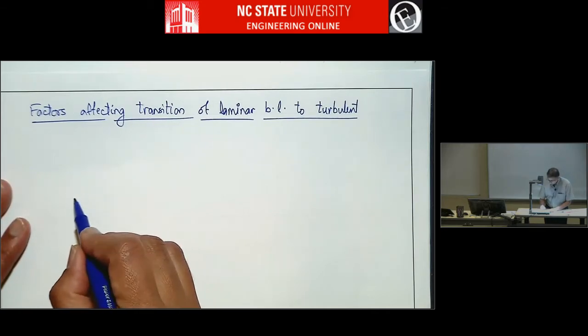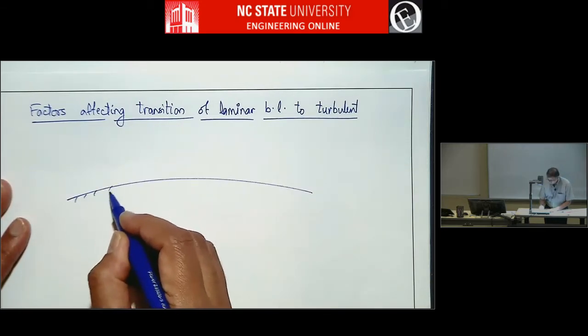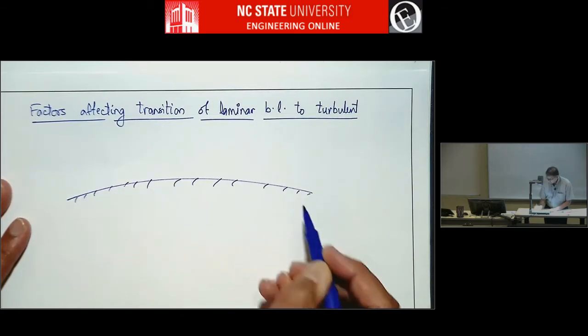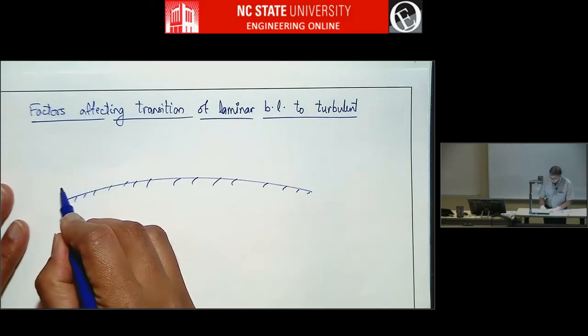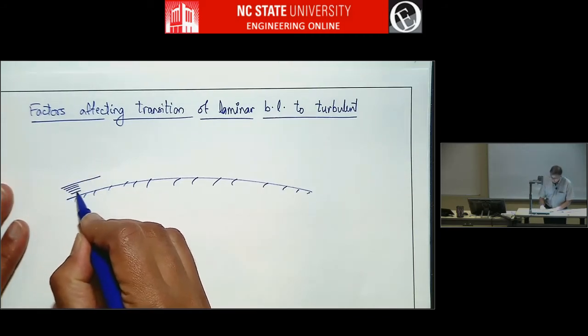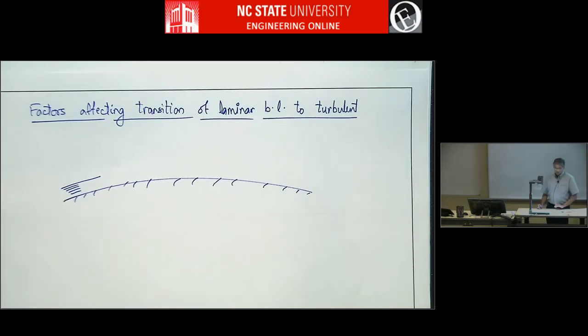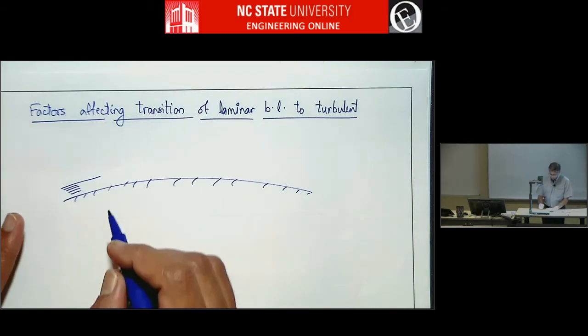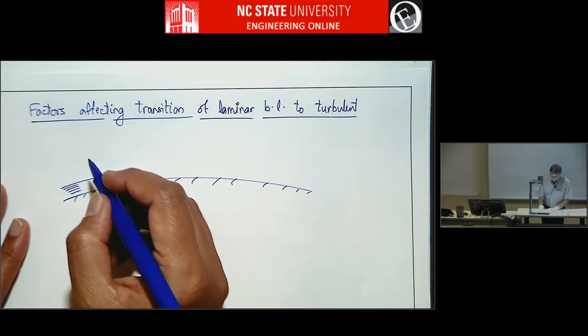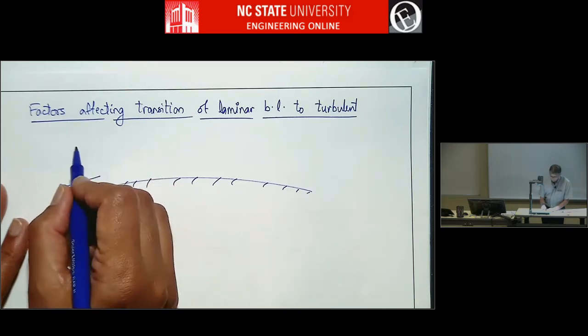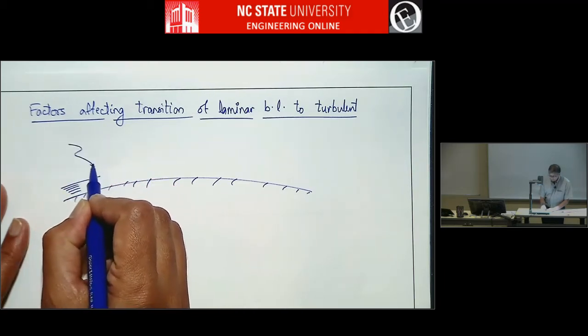Okay, so let's try to sketch the process. You have a laminar boundary layer flowing over a surface, and due to disturbances, and these disturbances can come in many forms.